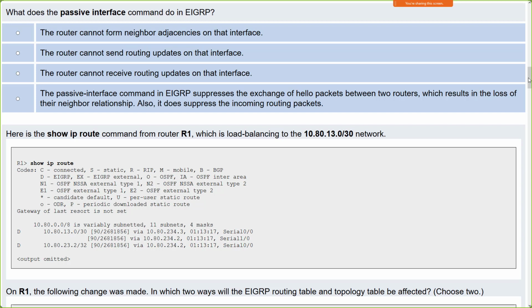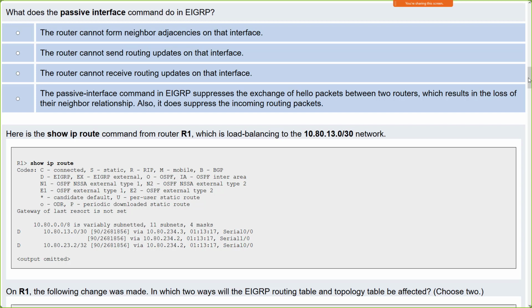If I just implement a protocol and I exclude the network on an interface from the protocol, then it won't be advertised to the rest of the peers in the network. So in order for any network to be advertised, the interface has to be part of the routing process.